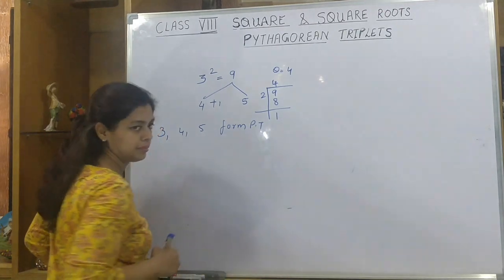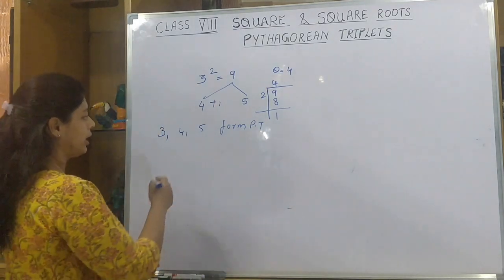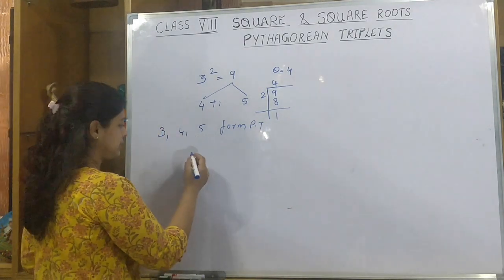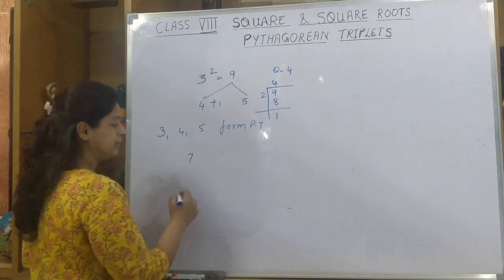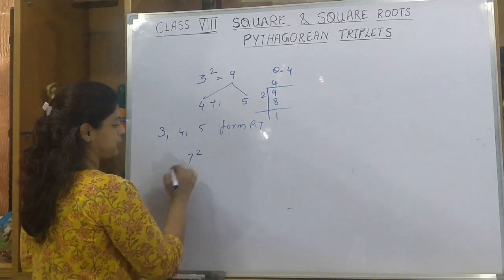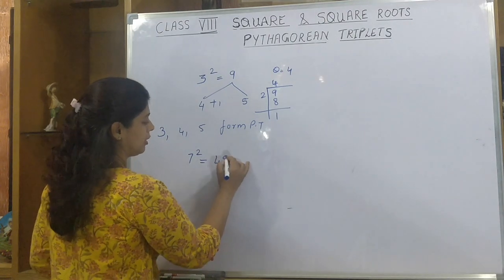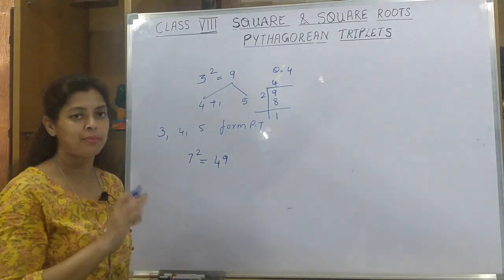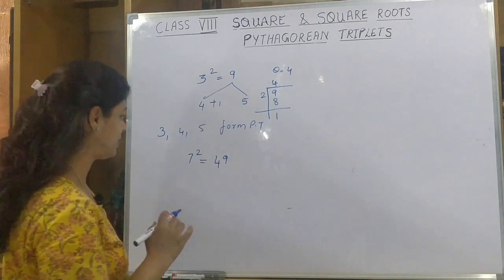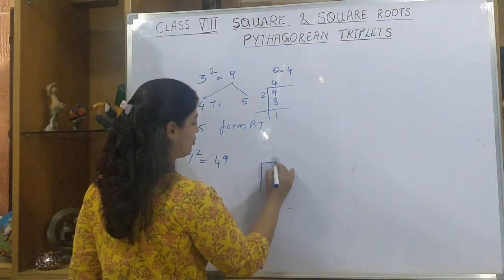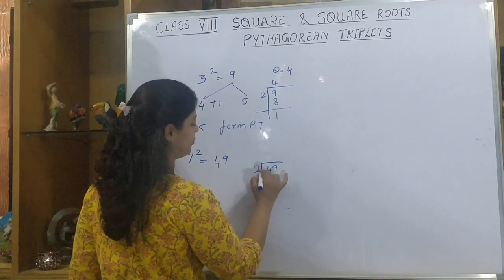Pythagorean triplet. Now another example I take of another odd number, 7. So my first step is to square the number. 7 square gives me 49. Express 49 as a sum of two consecutive numbers, for which I divide 49 by 2.